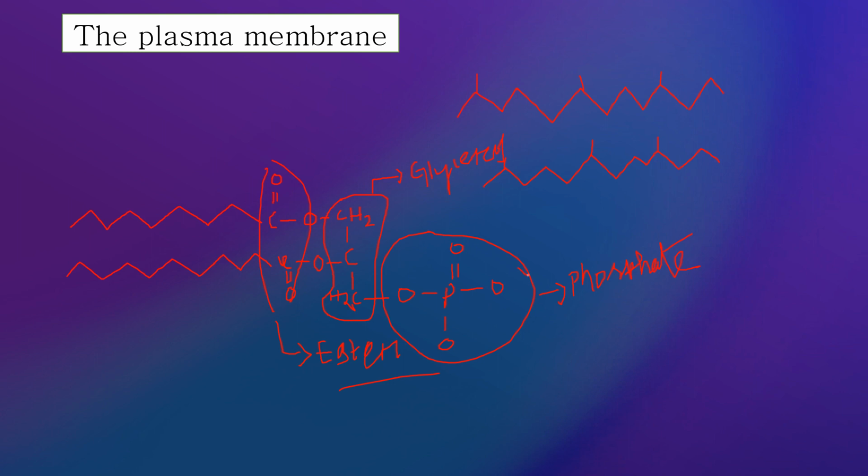All have the same phosphate group. Yes, phosphate group is present. Glycerol is present also. But in place of ester, an ether group is present in archaea, and this is bacteria.